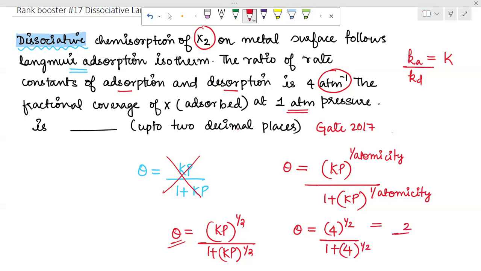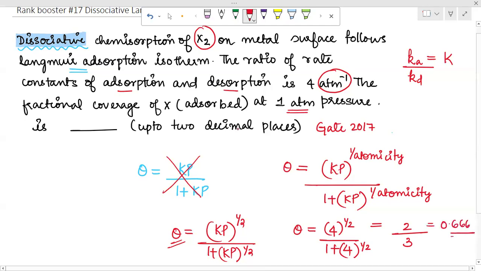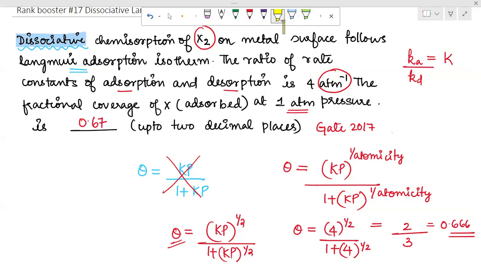Okay, so this is 2 by 3, and they have asked us to write up to 2 decimal places. So 2 by 3 is actually 0.6666 and so on. We can write it as 0.67. That's the right answer. Okay, this question was asked in the 2017 GATE exam.